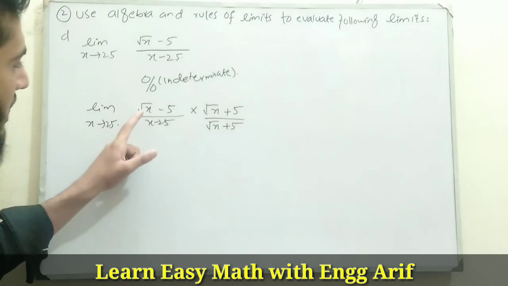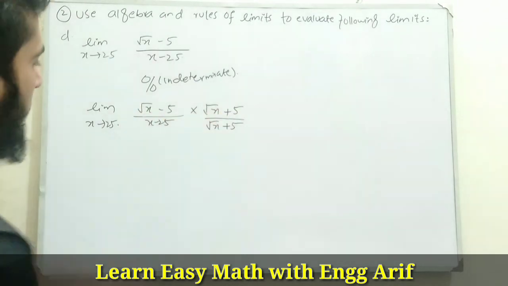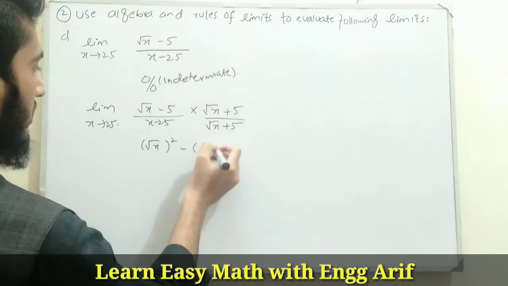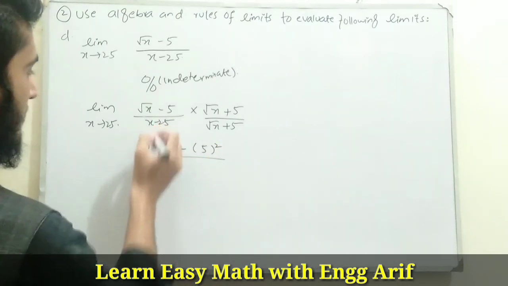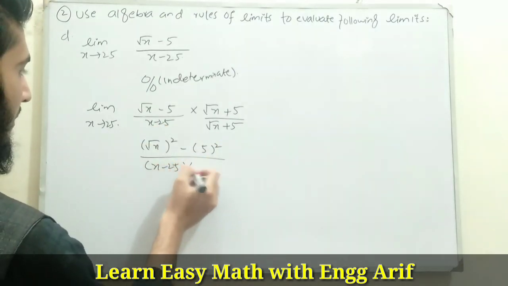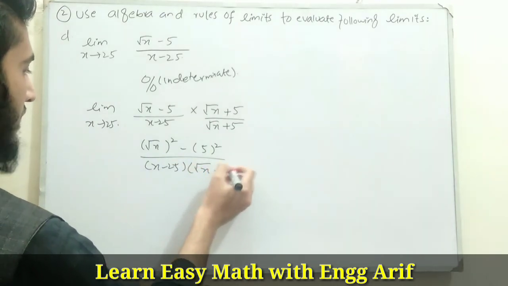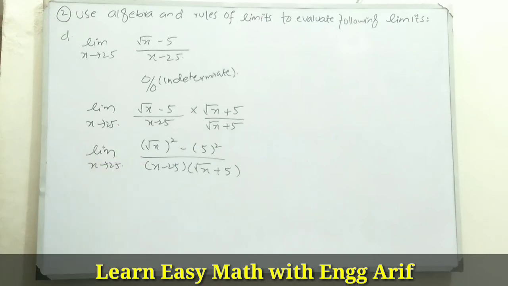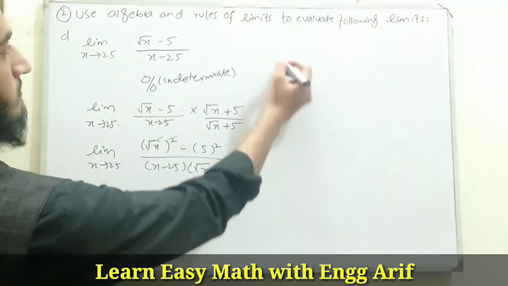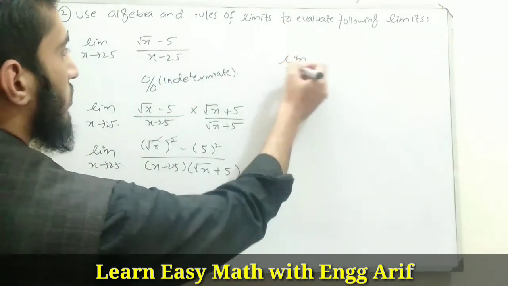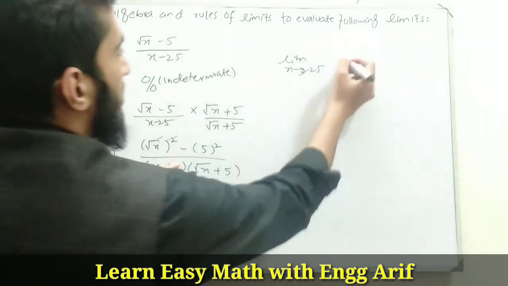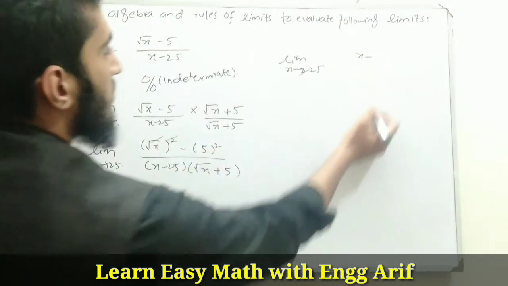Here again the formula is a minus b into a plus b. So it becomes a square minus b square divided by x minus 25 multiplied by root x plus 5, and here is the limit x approaches 25. This square will cancel out with the root. So it becomes limit x approaches 25, x minus 5 square gives us 25.